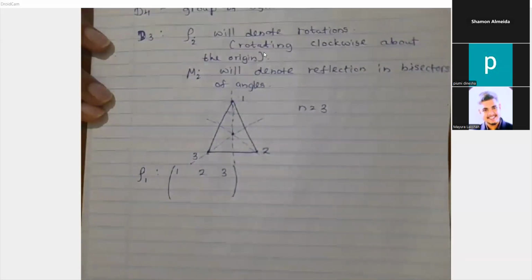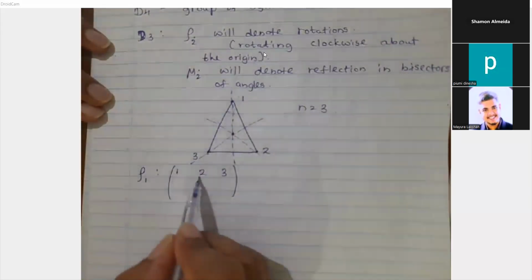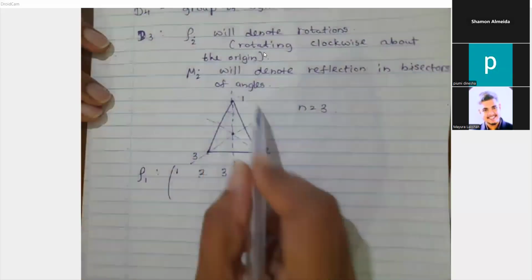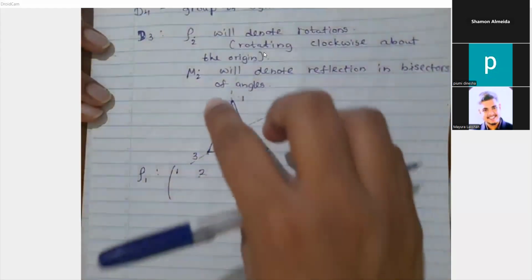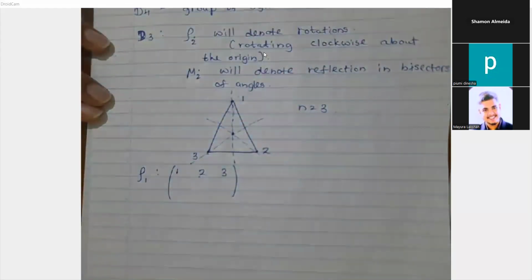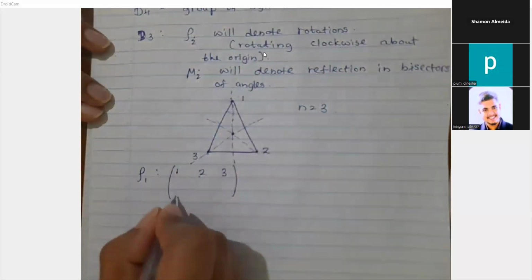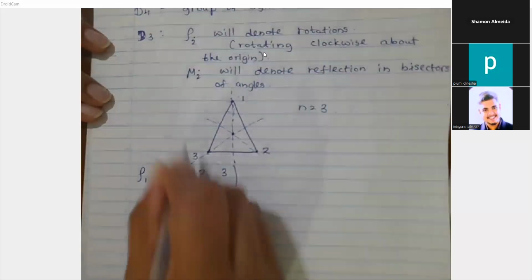Not really a cycle decomposition, but in order to introduce this, we use this notation. Now, with 1, 2, 3 over here, we want to see where we are going to permute these vertices, these elements. Take the first rotation, you rotate it by an angle of 2 pi over 3. You send 1 to 2. So 1 will be sent to 2. 2 will be sent to 3. 3 will be sent to 1.